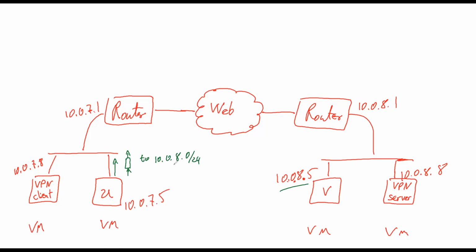It does not know, let's say, the 10.0.8 network. So whenever it doesn't know anything, all it does is forward this to its gateway, which in this case would be 10.0.7.1. So the router basically would be its gateway. So the router then needs to decide what to do with the packet.